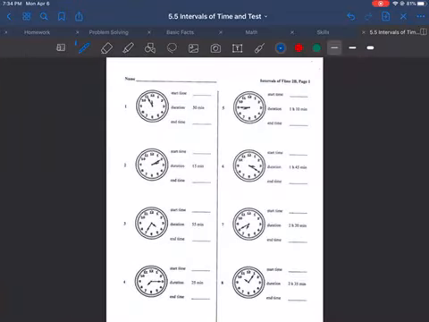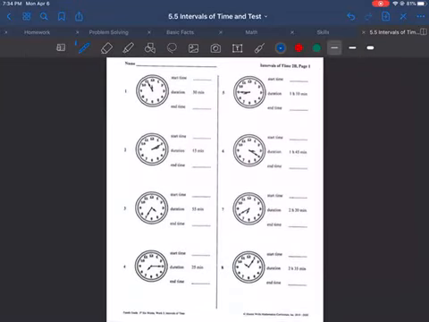Okay, I'm going to go ahead and now move over to the next page. You guys will be responsible for number 1, number 7, number 4, and number 5. These are going to be on intervals of time to be page 1.